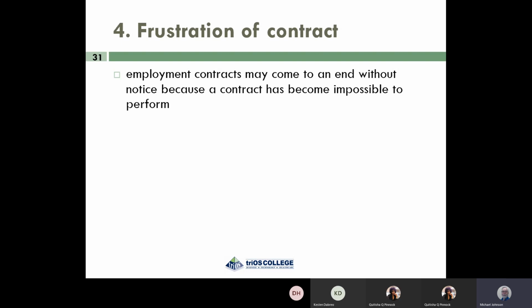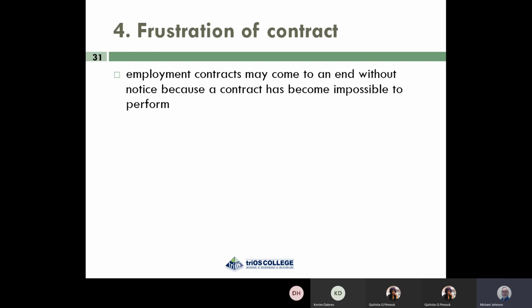And the rationality is if you were stuck in another country and you can't get back to Canada, then the company that had you as an employee has a real problem. They can't operate your position because you're not available. And secondly, because of international law, you may not be able to leave that country. So if you can't leave the country, then frustration takes place.